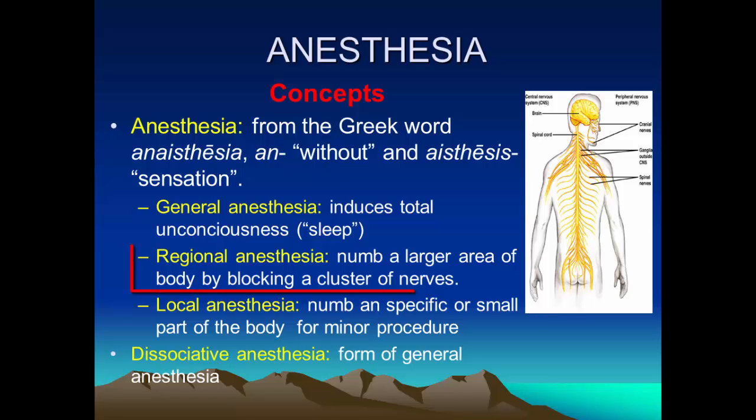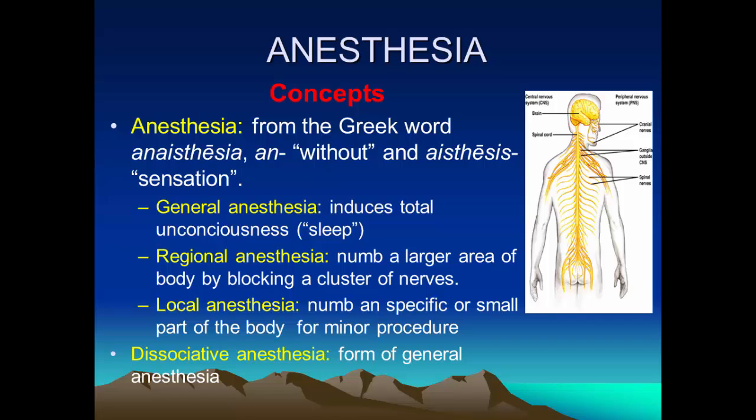With regional anesthesia, we block basically a cluster of nerves. An example would be doing an epidural injection in the lumbosacral backbone, and that basically numbs everything below the waist. This is often used in humans during childbirth.